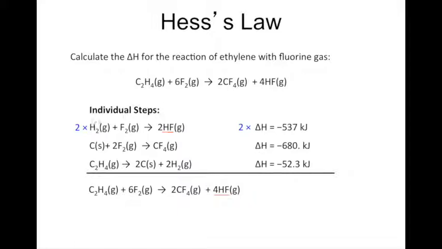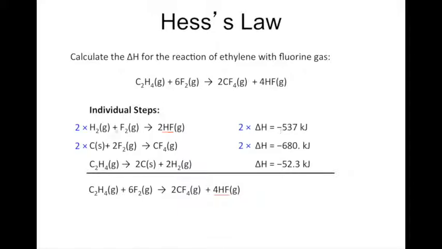So I need to multiply this reaction by 2 so I get 4 moles of hydrogen fluoride. Okay, so I'm focused on hydrogen fluoride because this is the only reaction that contains that. So I don't have to worry about F2, since both of these reactions contain F2. But if I look at HF, this is the only reaction that contains it. I need it on the product side, so I know I don't need to flip it, but I do need 4 moles. So I multiply the reaction and the delta H value by 2.